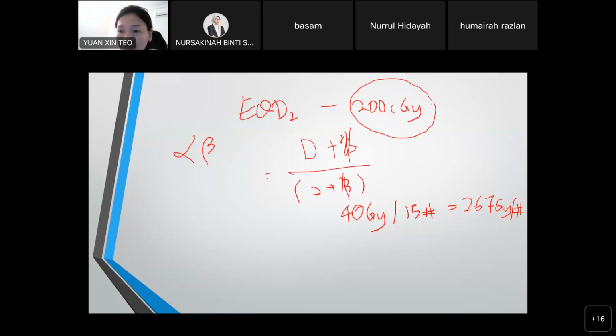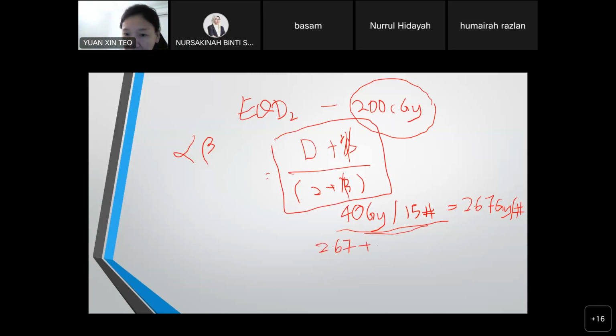So we need to know how much the patient actually receives in EQD2 with this 40 gray. Using the formula, we use 2.67 plus alpha/beta. For normal tissue, which is the equivalent dose for normal tissue, the alpha/beta we use is 3.